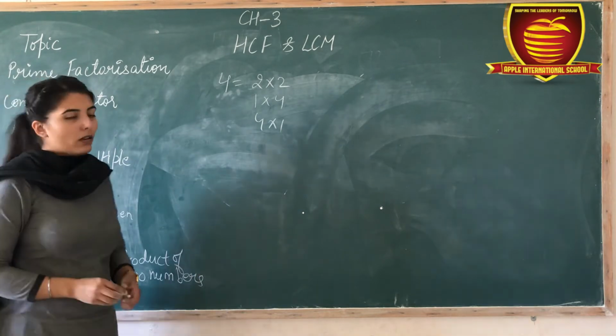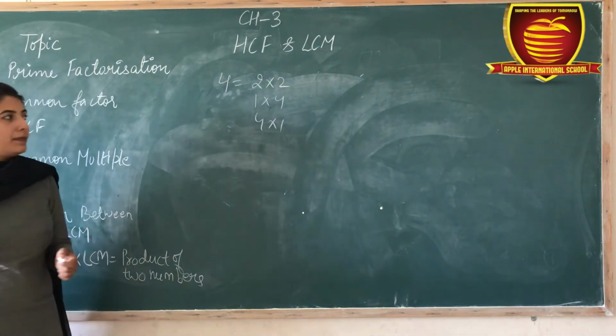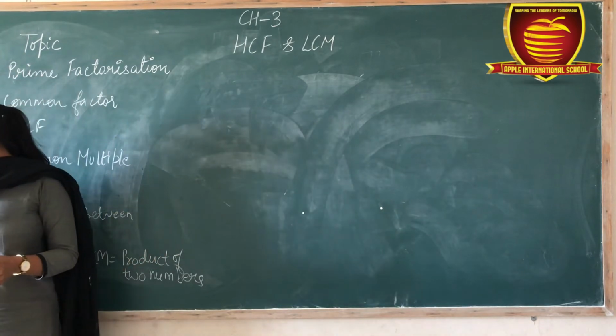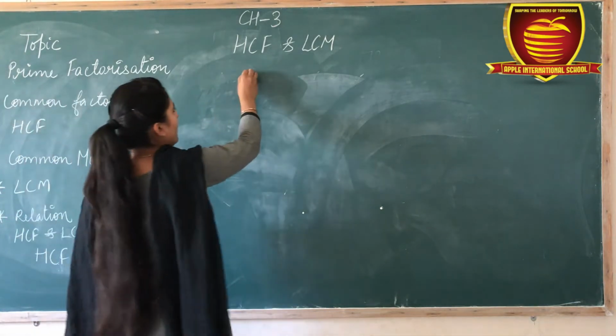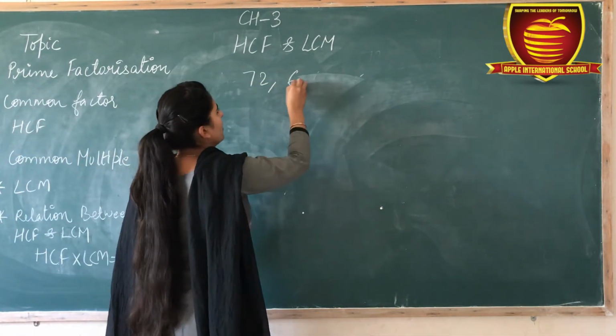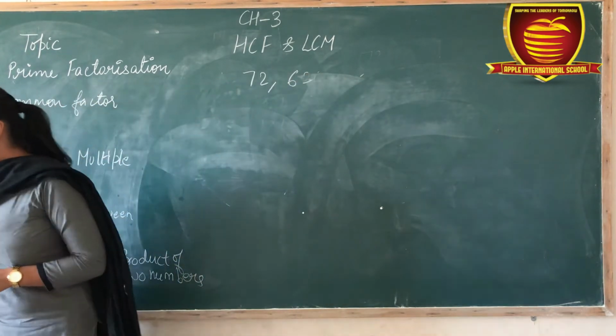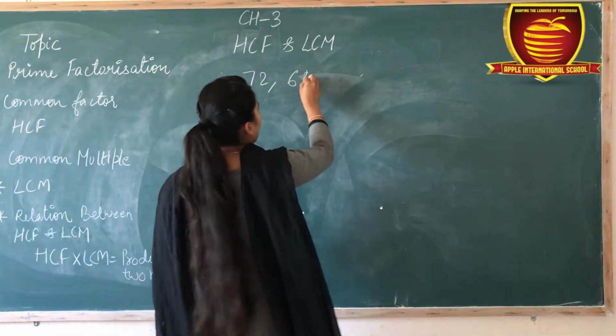So let's take one example. We have to find out the highest common factor of 72, 64 and 48.